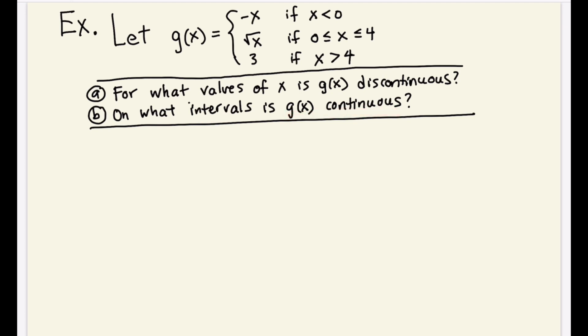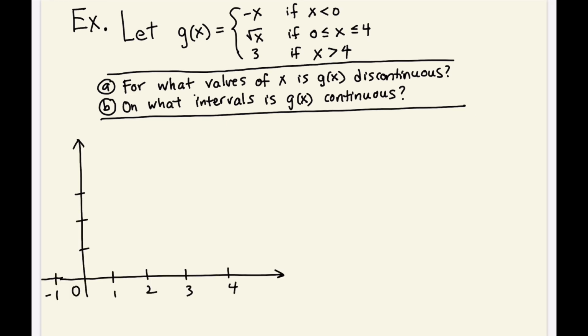Okay, so the first thing I'm going to do is graph the function. Let's start with the first part of the interval. Here x is less than 0, or x is negative. So we're looking at values of x over here, not including 0.